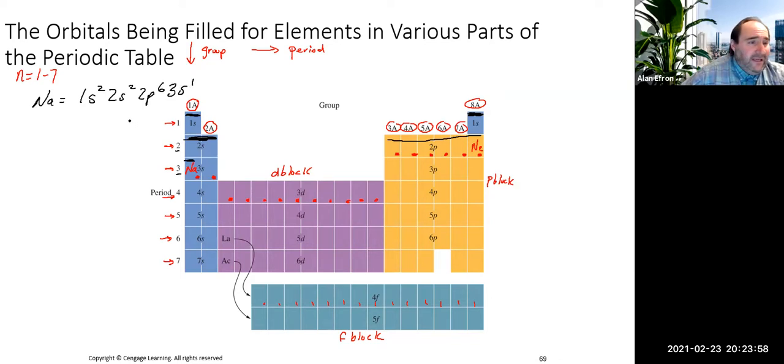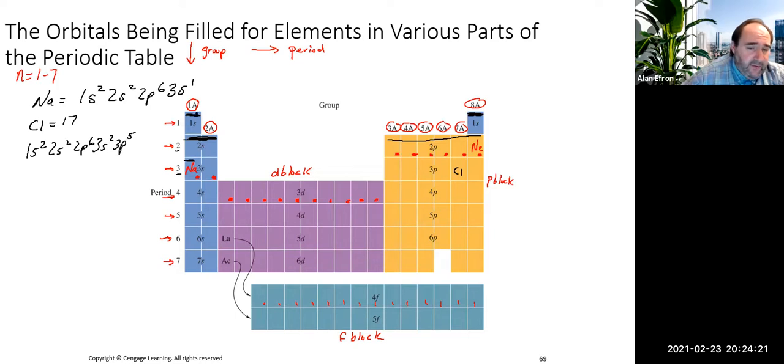Now, if we looked at something like chlorine, which is right about here, I believe, we could do the same thing. Chlorine, which again has 17 electrons, is 1s2, 2s2, 2p6, 3s2, 3p5.